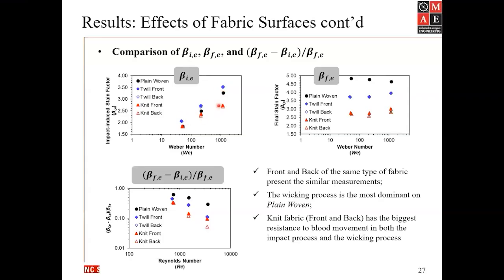Nice, consistent, behaving quite similarly, where the final stain diameter is independent of the Weber number for all three. However, it is dependent on the fabric structure. So our knit, the final stain factor is much smaller than on the plain woven, but it does not depend on the velocity.